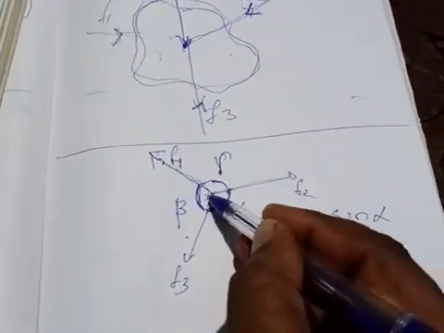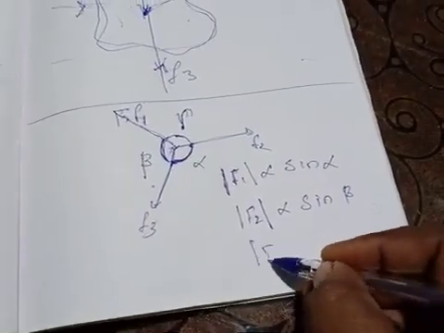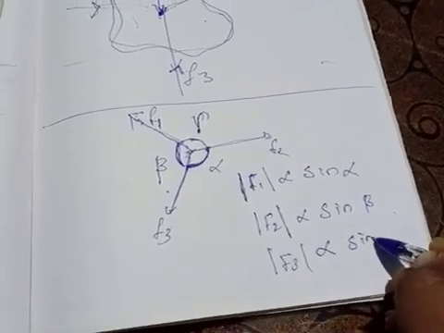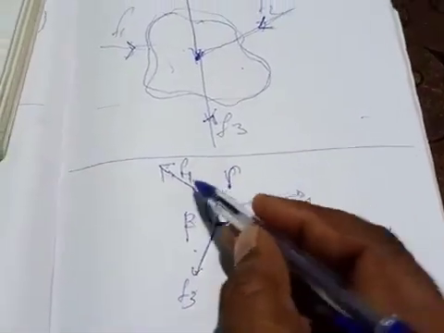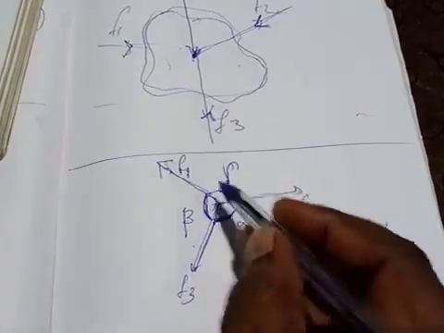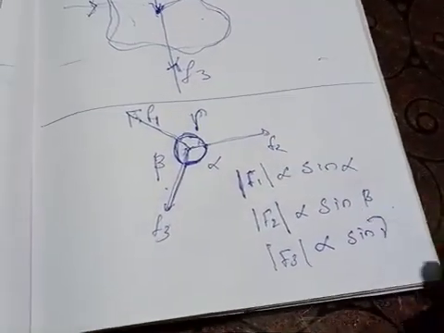If you are taking F3, the magnitude of F3 is proportional to the sine of the angle between the other two forces. So if you are taking F3, this angle, so sine gamma. So the same equation you can write.